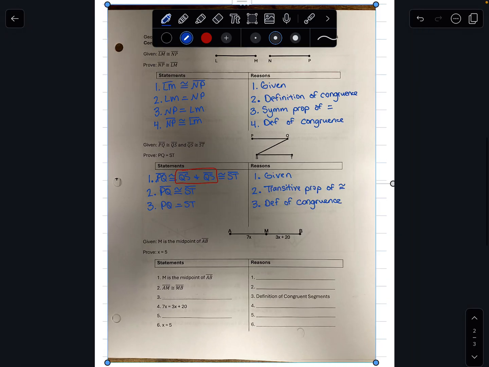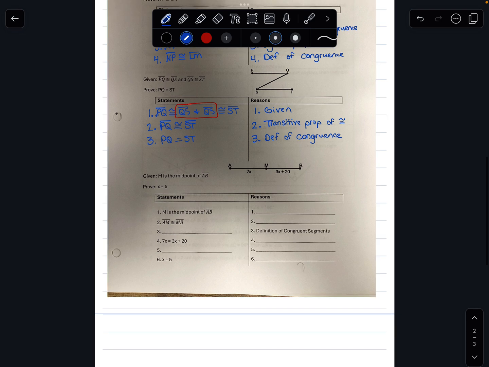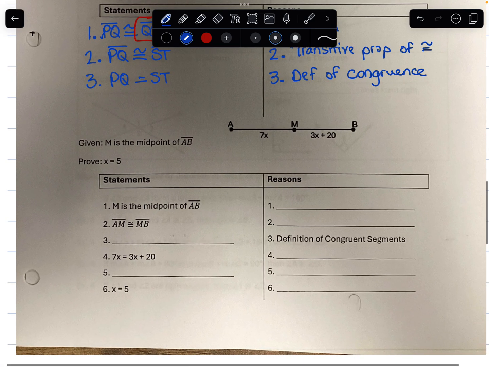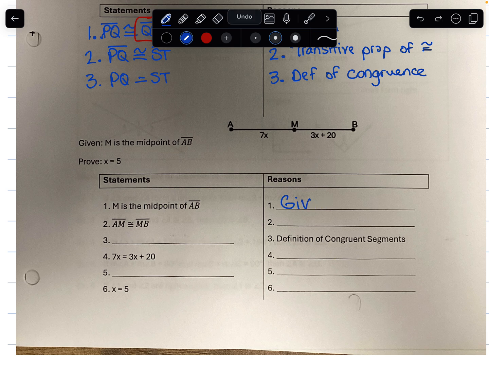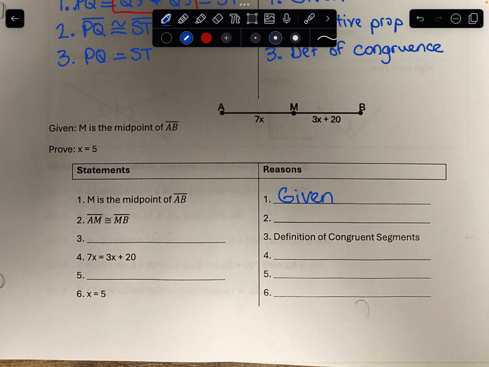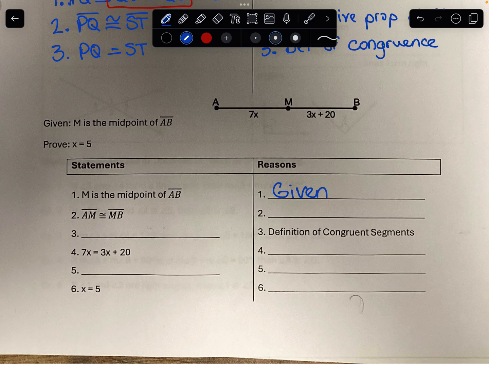Kind of like this last one. All right, so on our last one, it tells us M is the midpoint of AB. What's reason number one? Given. We all know that. Nobody should ever miss that one. Okay? Part 2 says, AM is congruent to MB.